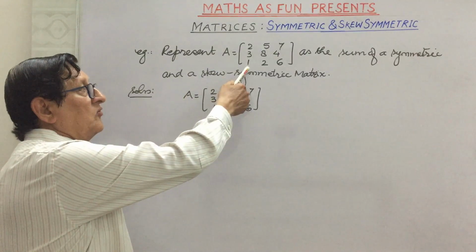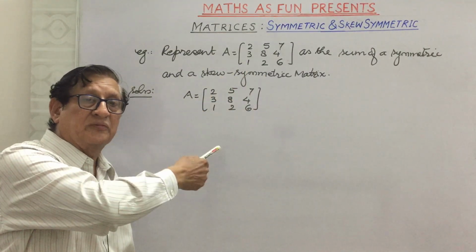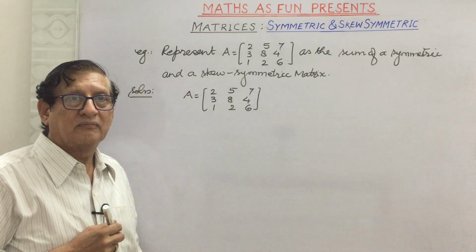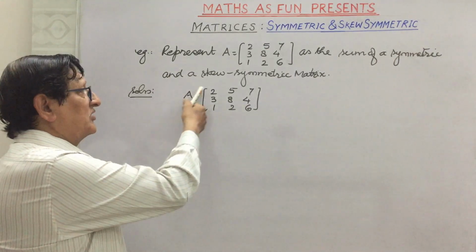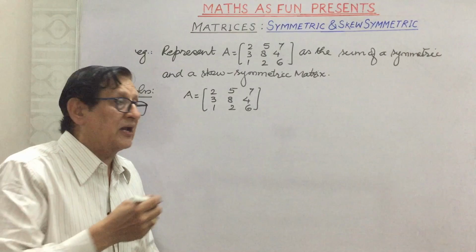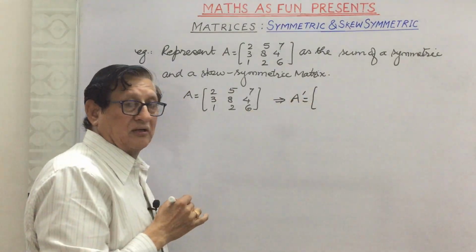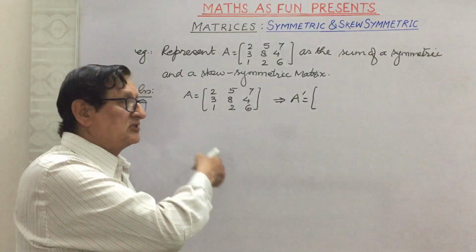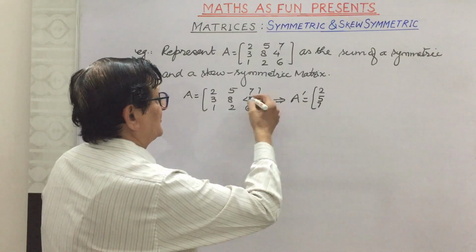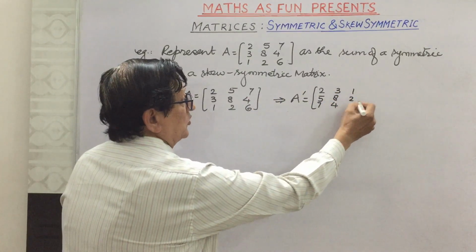We have to find two matrices, one of which is symmetric, another is skew symmetric, and the sum of them is equal to A. For the solution, we take the square matrix which is given to us, that is A, and we find the transpose of it, A dash. A dash means interchanging the rows and the columns. So it is 2, 5, 7, 3, 8, 4, 1, 2, 6.